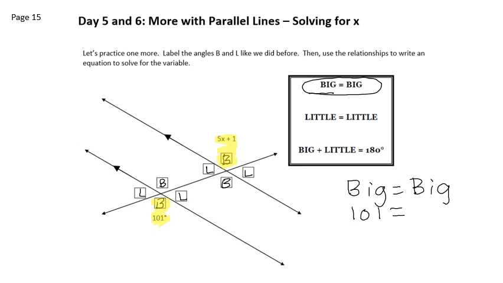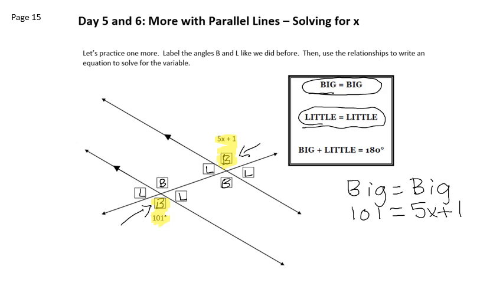The other is a 5x plus 1. And I knew I could do that because each of these pieces of information that they gave me in the problem have the same letter. It would be the same if they were both L's. We could set them equal to each other.